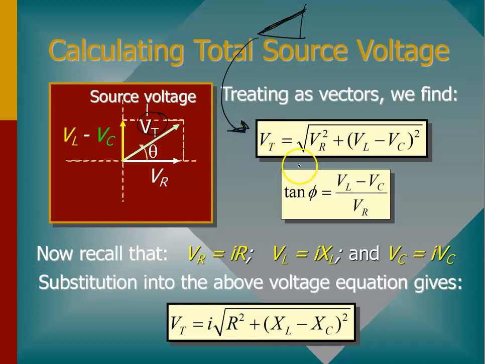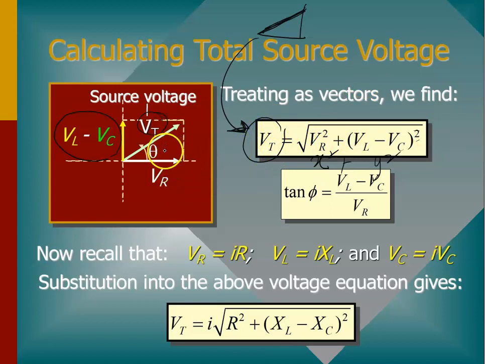So VT is equal to the square root of VR squared, where this is the x-axis, plus y squared, and the value of y in this graph is VL minus VC. So substitute in this equation over here, square it, and take the square root, and you will get the value of the total voltage.